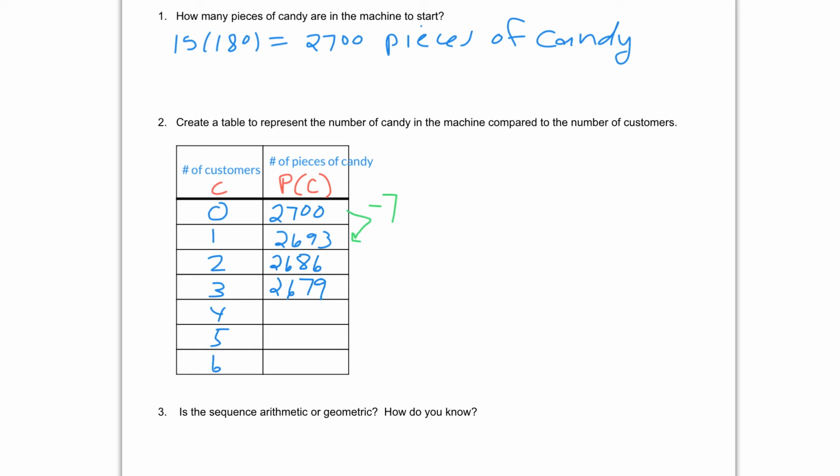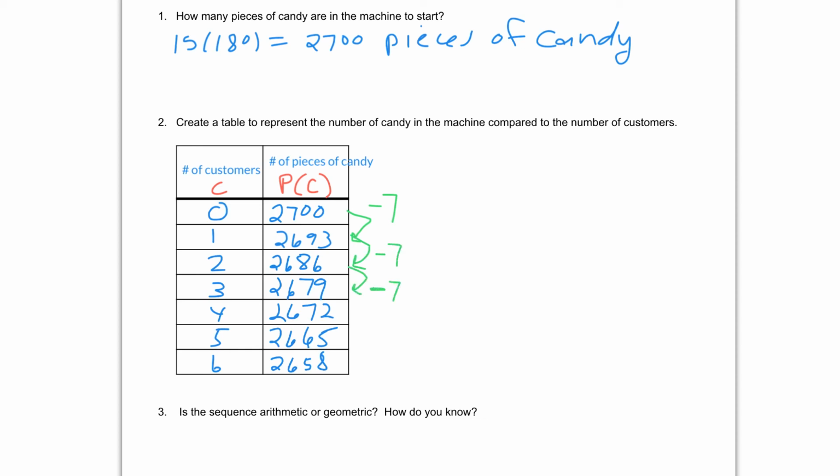And then if we do it again, subtract 7, we'd have 2,672 pieces of candy. For 5 customers, we would end up with 2,665 pieces of candy. And then for 6 customers, 2,658. And again, just to remind you, to get from each one, we're subtracting 7 each time.